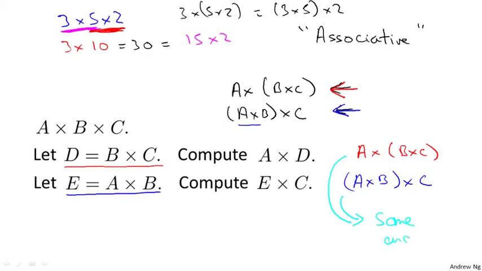And so we say that matrix multiplication does enjoy the associative property.